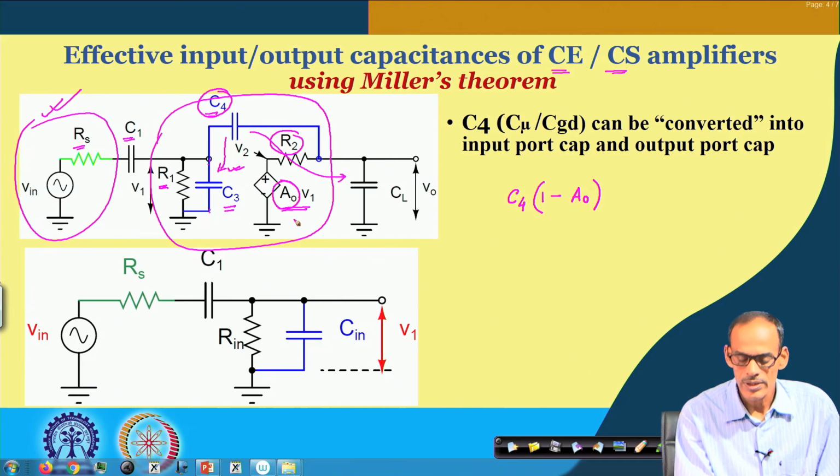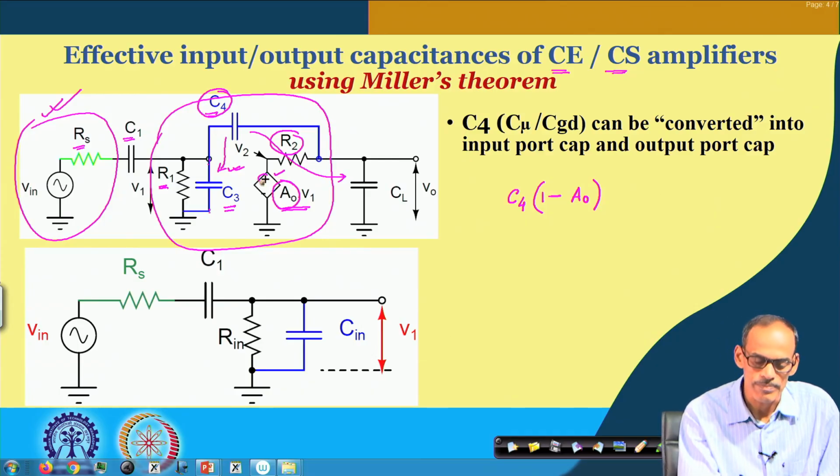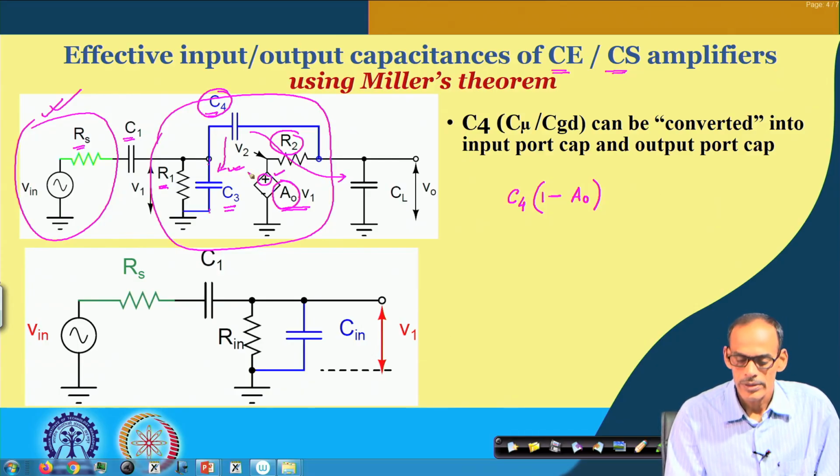In fact, if you see here, we are putting a minus sign here, assuming that the polarity of the voltage dependent voltage source here, it is positive. And on the other hand, so this is the contribution coming to the input port.